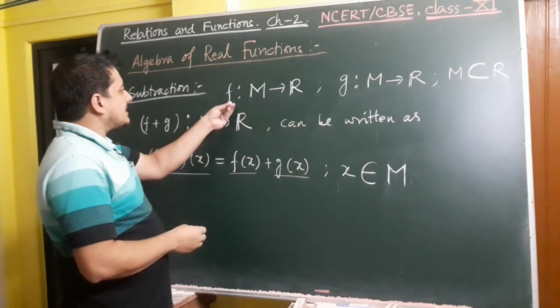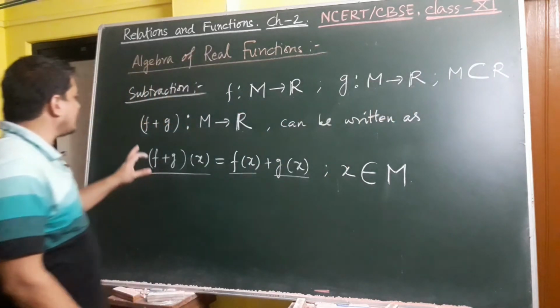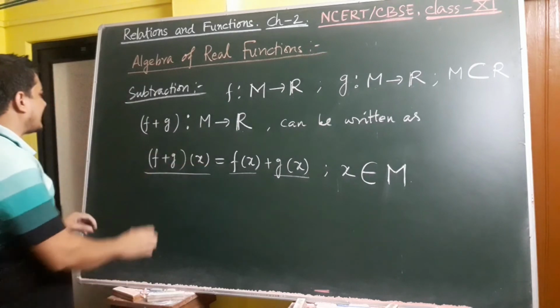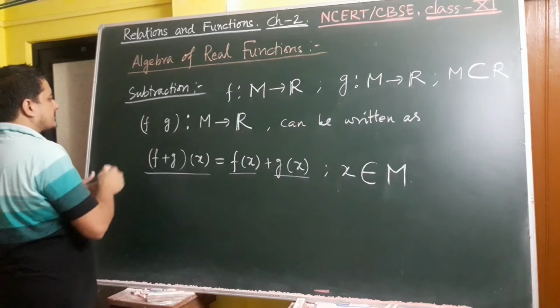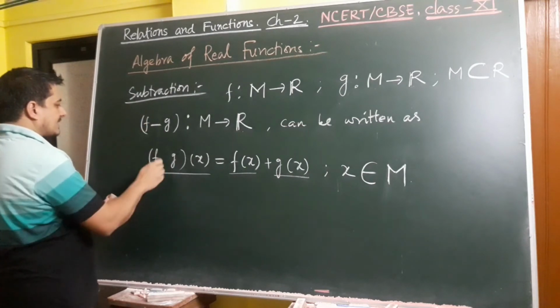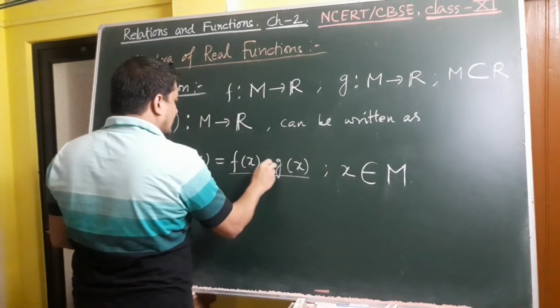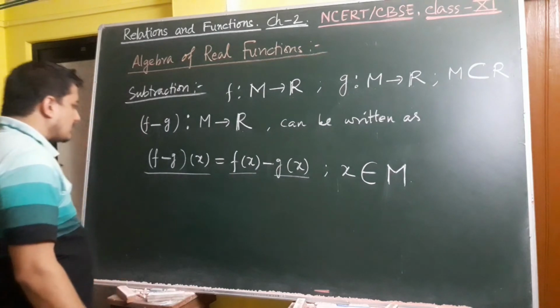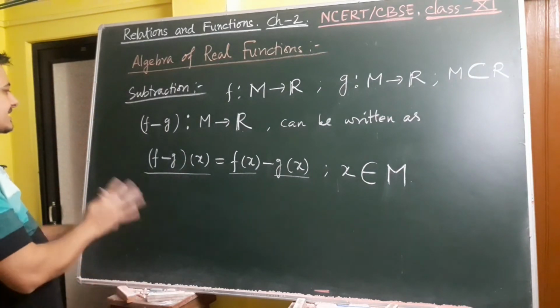This is a real function, this is a real function, so it is like the same f plus g, but f minus g. You write minus g in case of subtraction. So if this is f minus g, then (f - g)(x) is equal to this, and the remaining thing will be exactly the same.